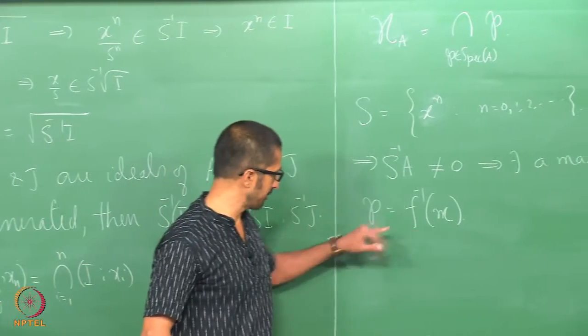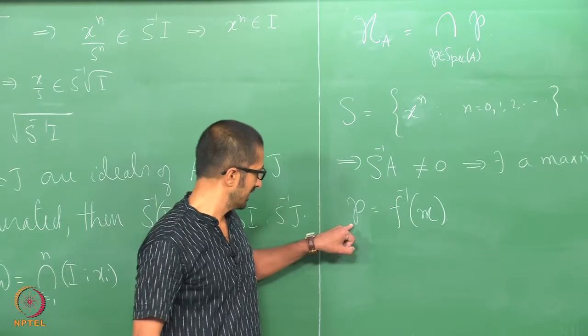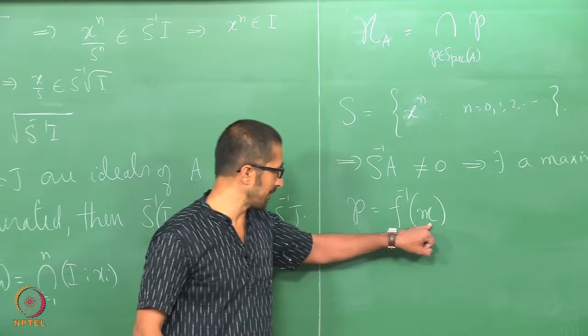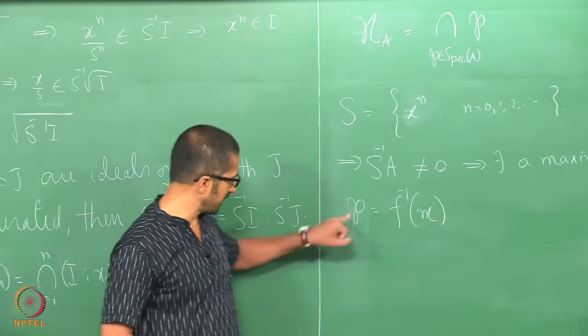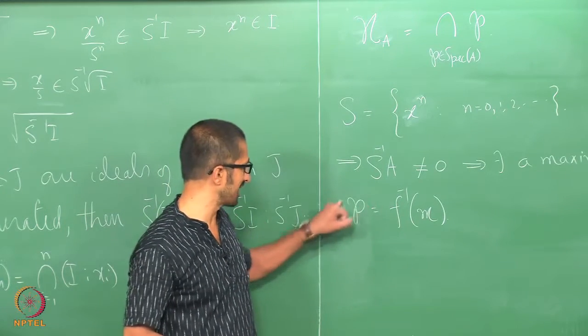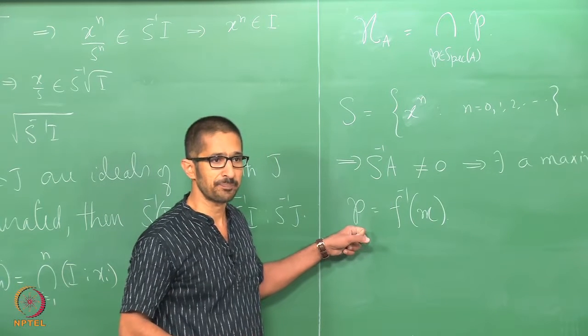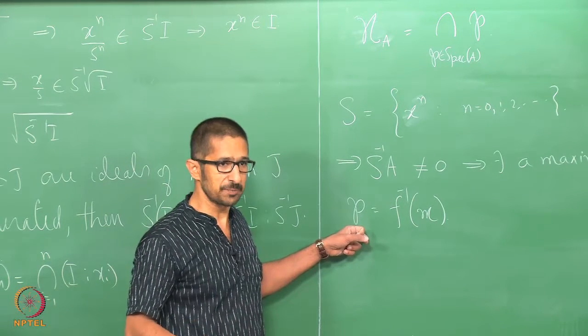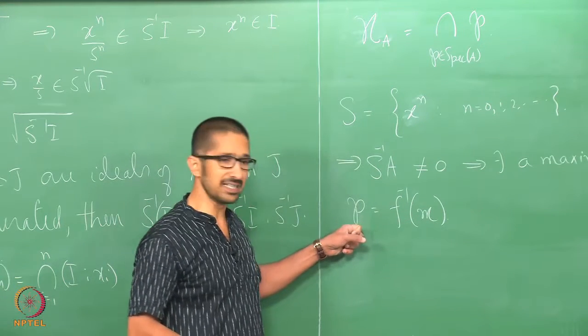So, this is a prime ideal. Can it contain f? M is a maximal ideal, a proper ideal. So, because of the 1-1 correspondence, the inverse image is again a proper ideal. Therefore, this cannot be the entire ring, which means f cannot be here.